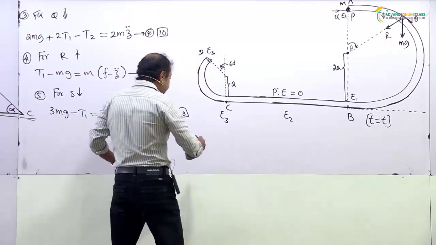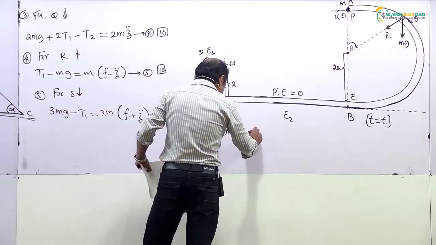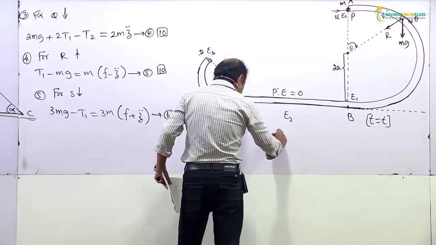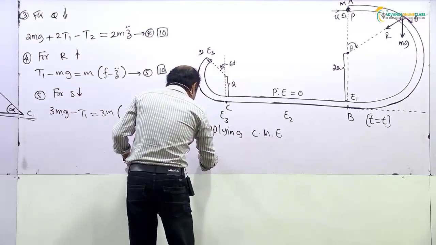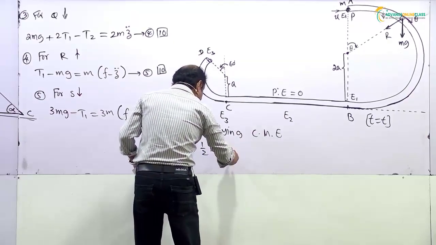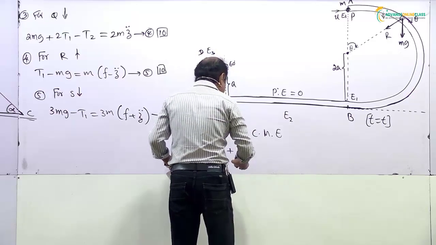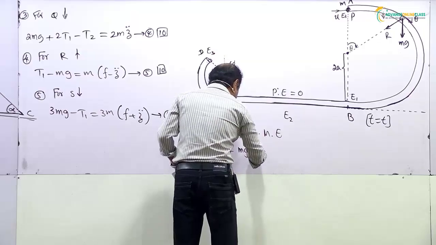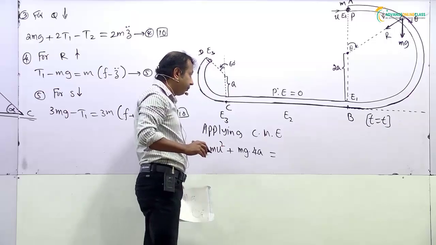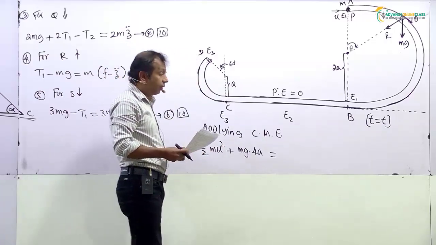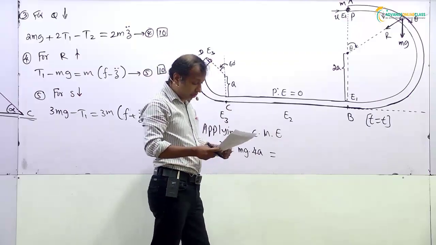Write down, applying conservation of mechanical energy. How to write, people? There, half m u squared, kinetic energy, and mg h, h means 4a. That's the total energy E1. Should be equal to what? Here the loss plus the energy here. Understand? Right?